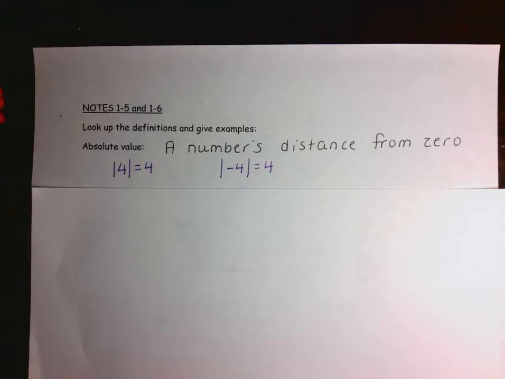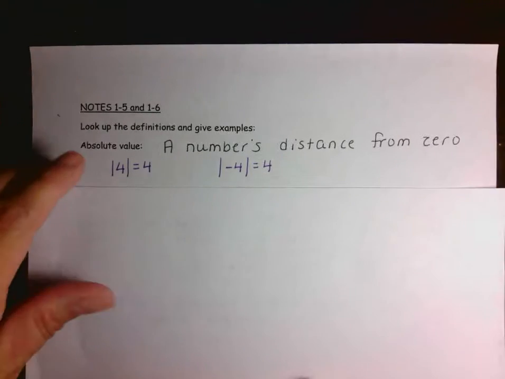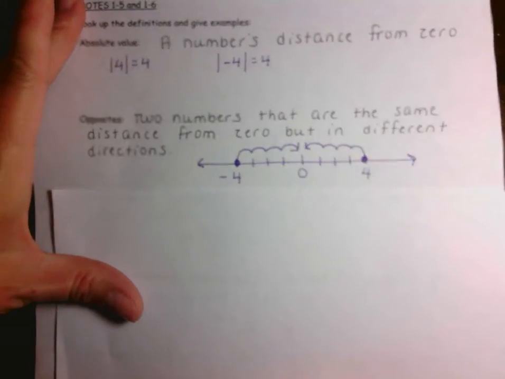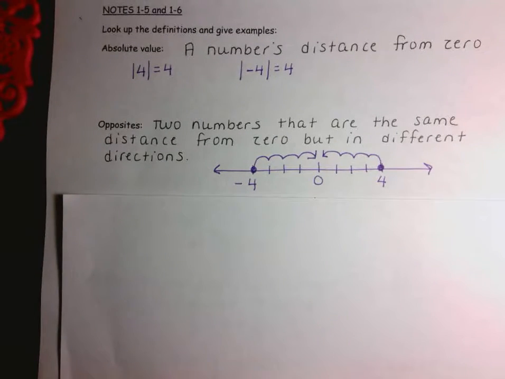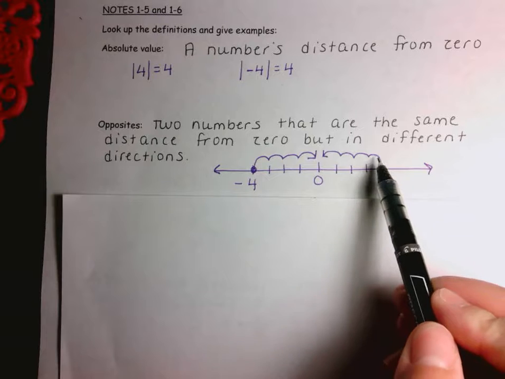So the absolute value of 4 is 4, and the absolute value of -4 is 4, because they're both 4 jumps from 0. And here's a picture. When I taught 3rd grade, I would always say it's like a grasshopper jumping. 1, 2, 3, 4.